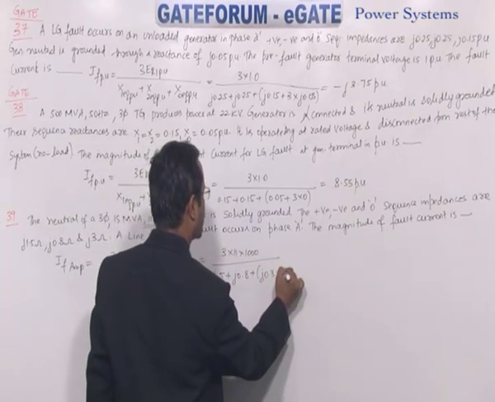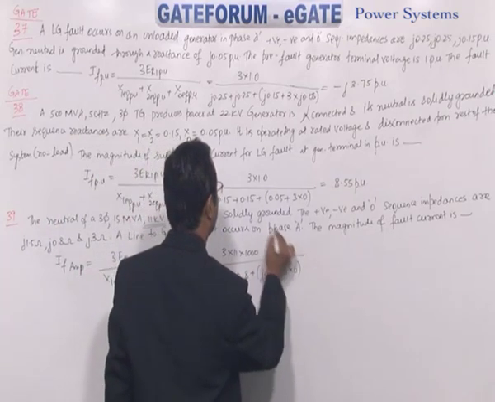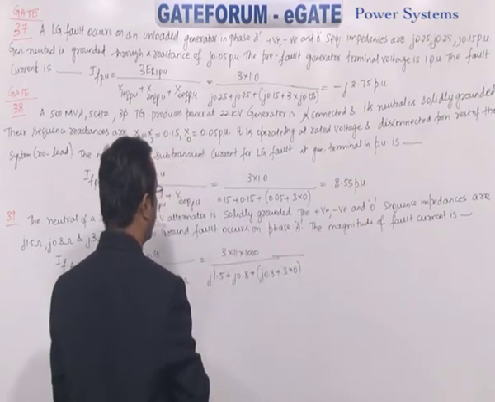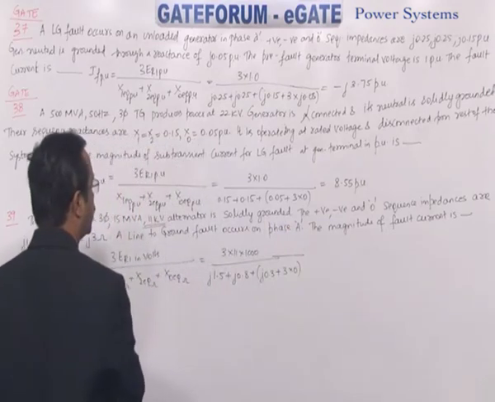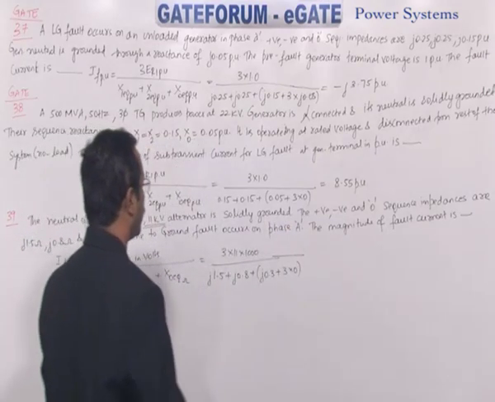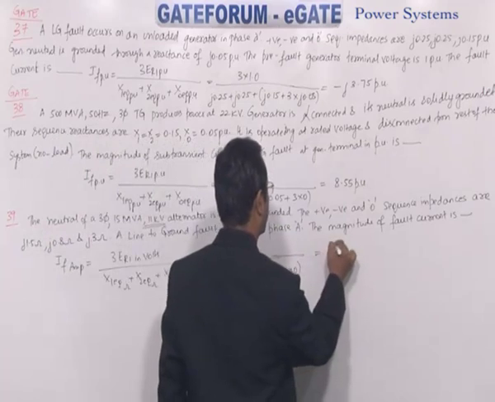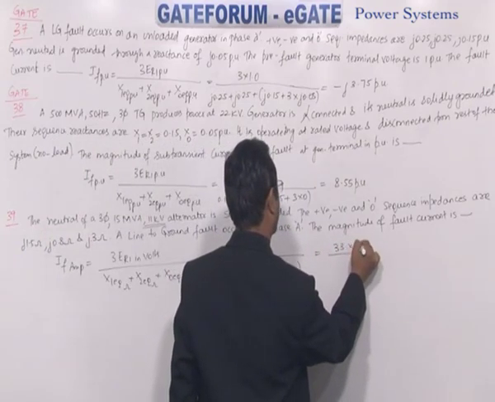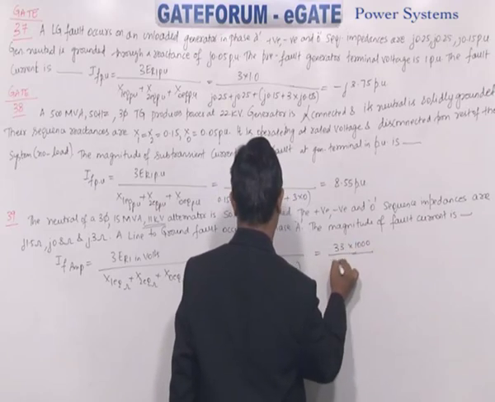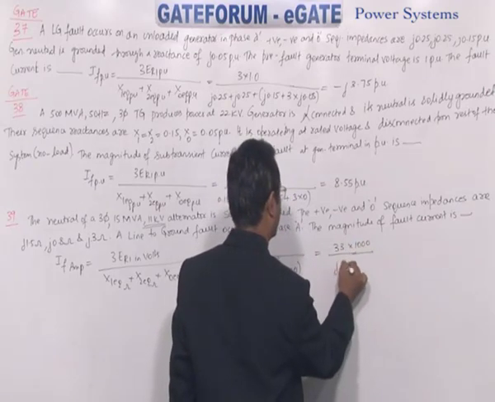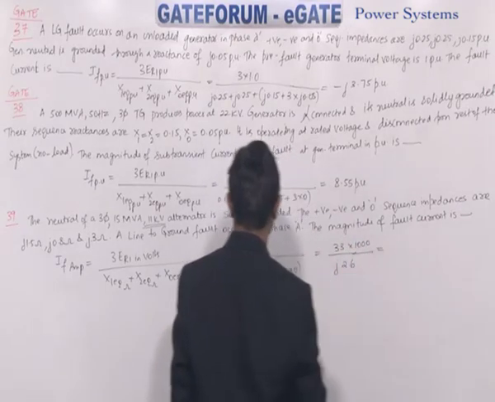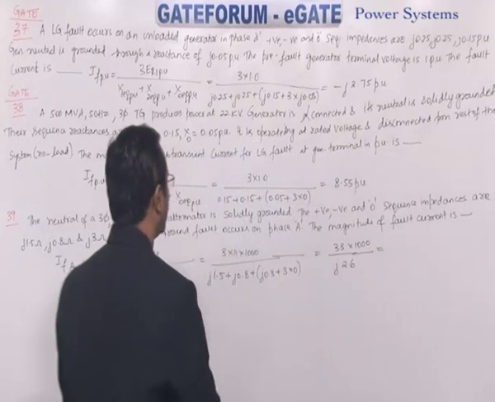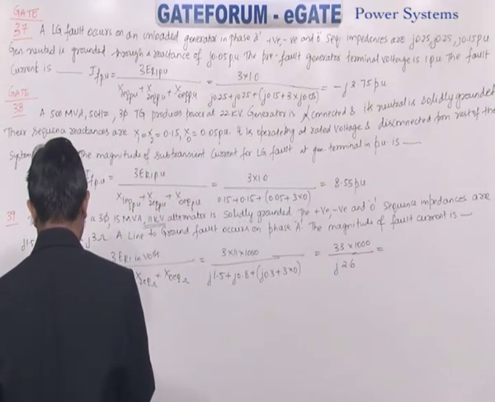and plus 3Xn. Xn how much? 0, because it is solidly grounded here. So how much do you get? 3 times 11 kV divided by j2.6.